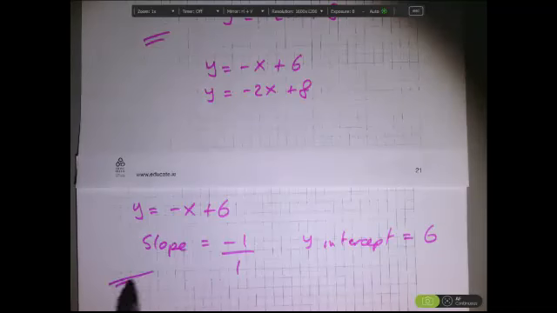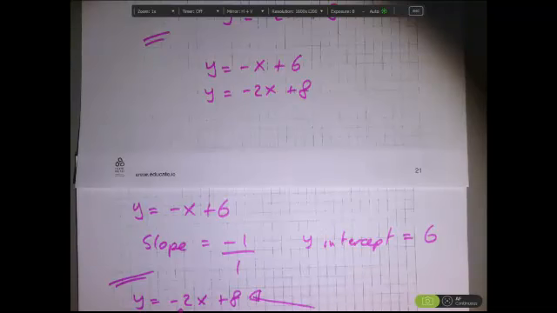I'm going to take the second equation, which is y is equal to minus 2x plus 8. So I know that the slope is equal to minus 2, which is the same as minus 2 over plus 1. And I know that this here is my y-intercept, so that's going to equal 8.